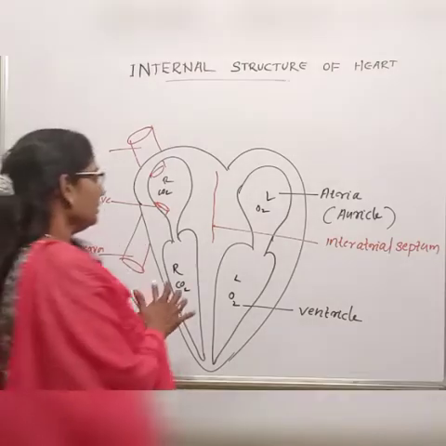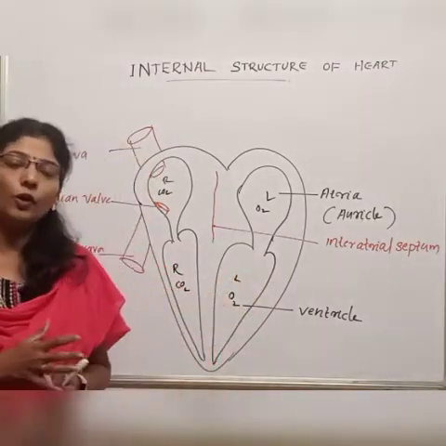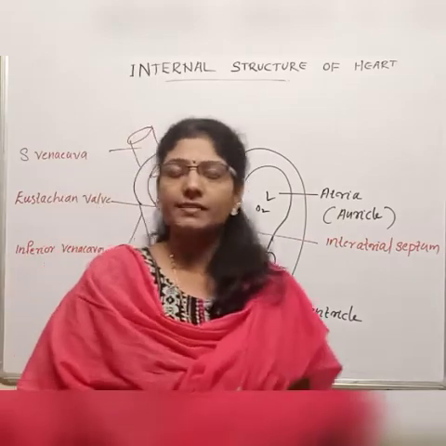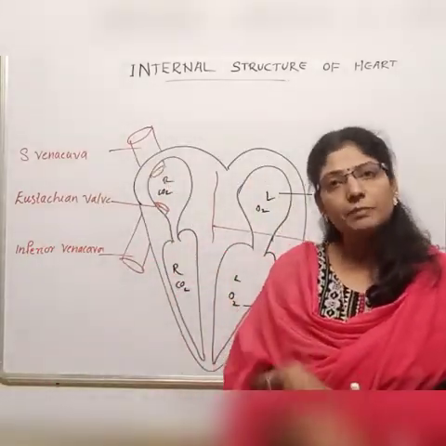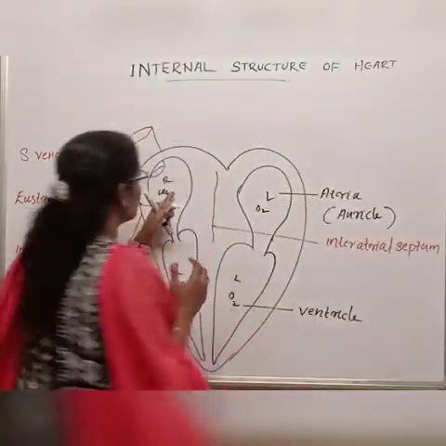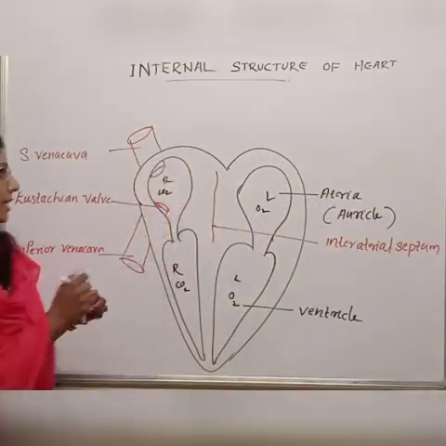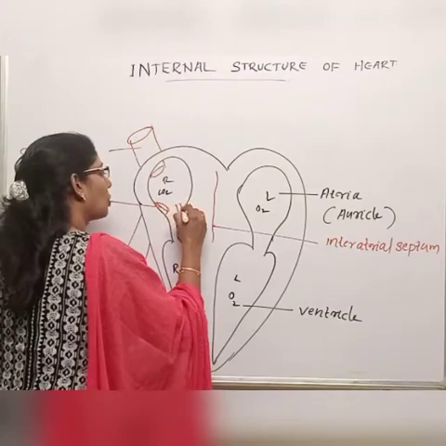Now the heart walls are made up of cells, as we studied. Those cells use the blood, and that impure blood comes back to the right atrium, brought by the coronary sinus.